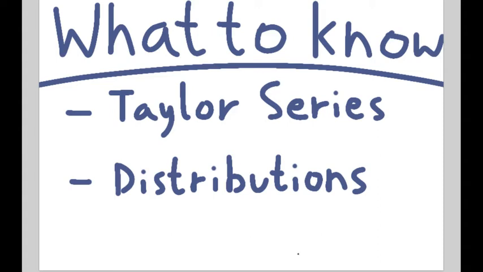So, first off, what is an MGF? A moment generating function, there's a couple ways to think about it. Just as a big overview, there's almost like two basic ways to think about it.